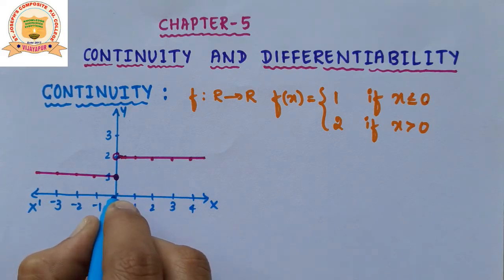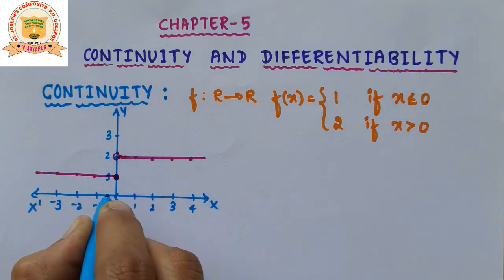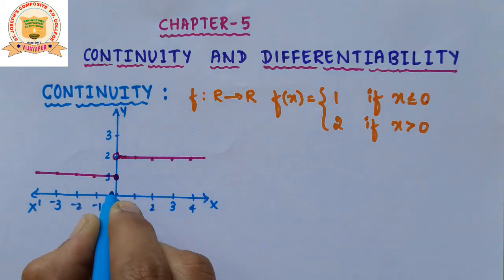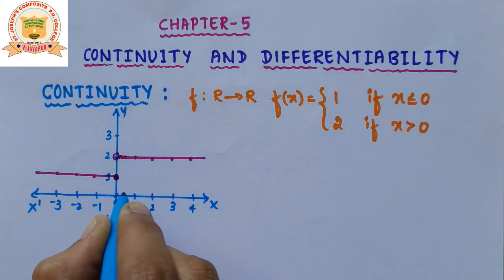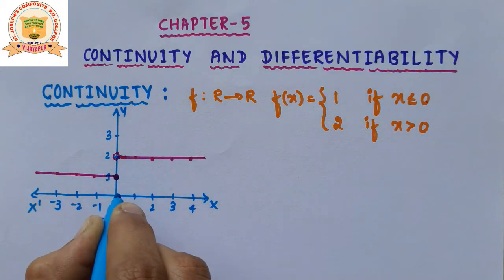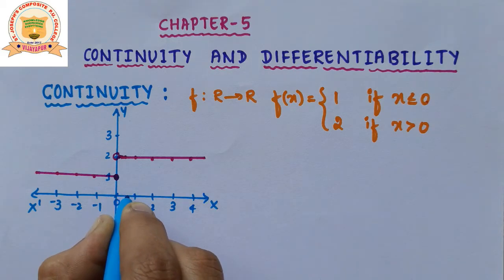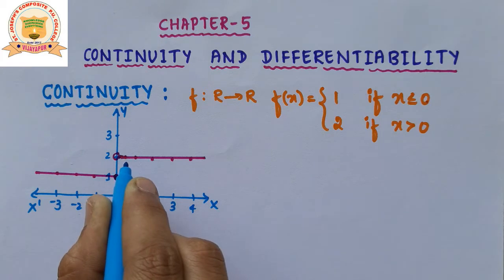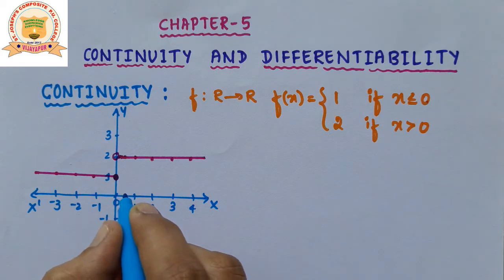But at x equal to 0, at points very near to and left of the origin, that is for minus 0.01, minus 0.02, the value of the function is 1. And at the points near and right of the origin, that is for 0.1, 0.2, 0.3, the value of the function is 2. Already you know about limits.